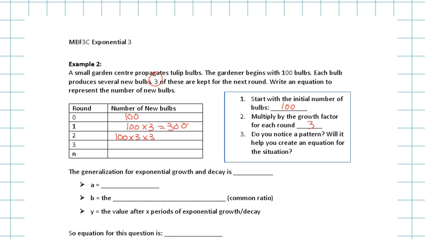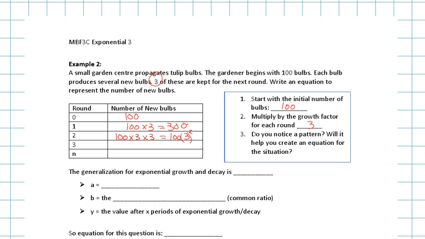But how else can I write it? 100 times 3 to the power 2. That's right, because I have two 3s. I will show you why I'm doing this. We did that before.